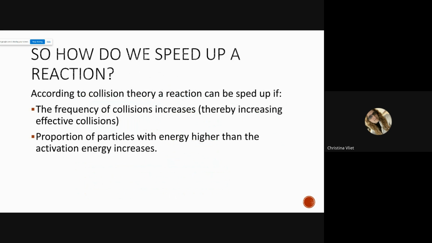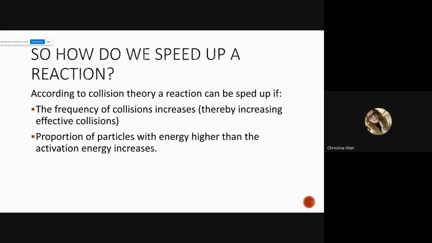All right, so how do we speed up a reaction? How do we use collision theory to support our evidence that we can speed up a reaction? You were probably told in pre-ACE chemistry, if not before, that if we want to make a reaction go faster, we could stir it. Do you remember that? We could heat it up.